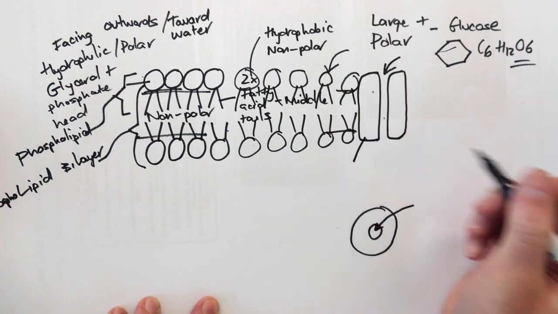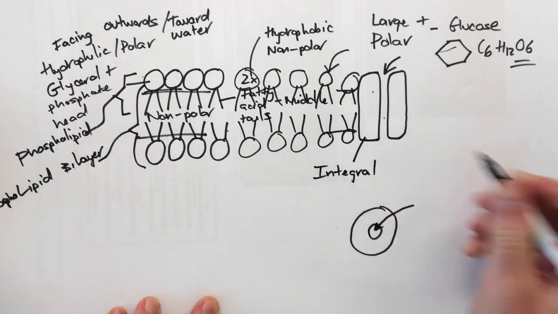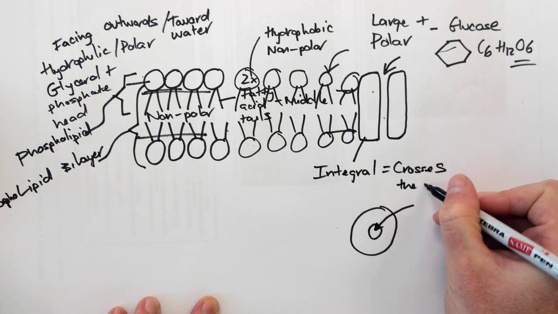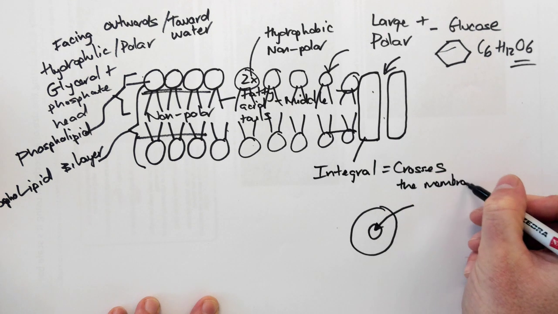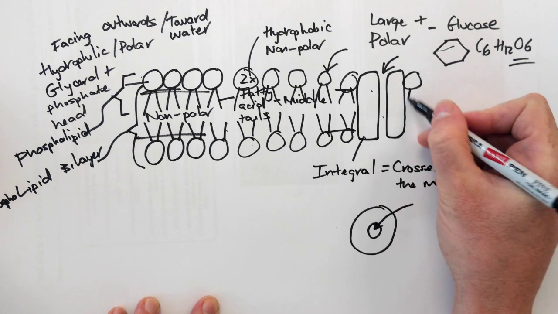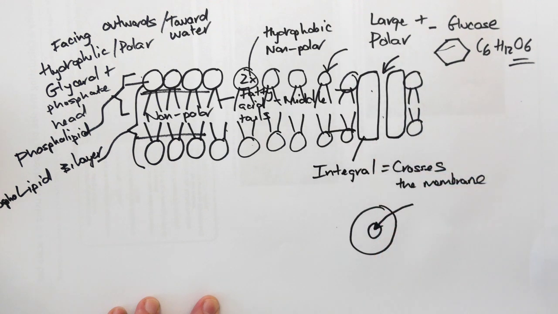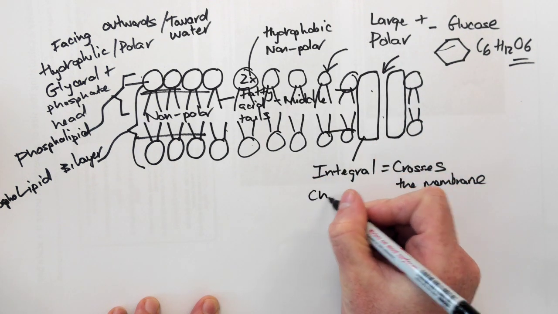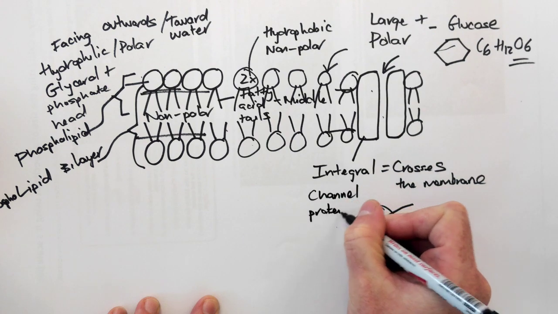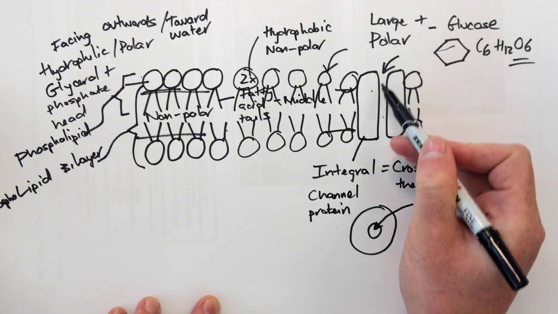If it crosses the membrane, we call it an integral protein. We also call it, because it has a channel down the middle, a channel protein. So one of the things that we'll have is channel proteins for things like glucose to go down through the middle.